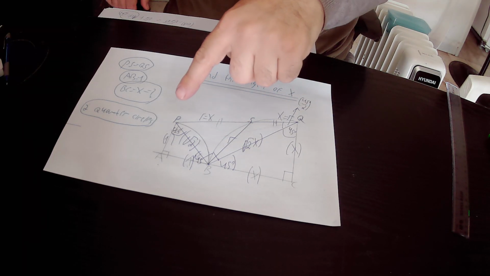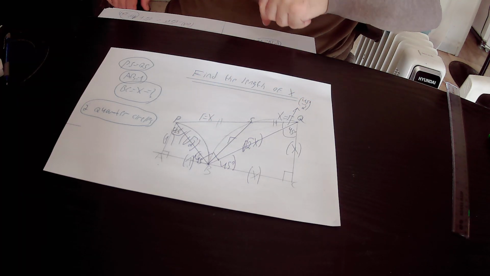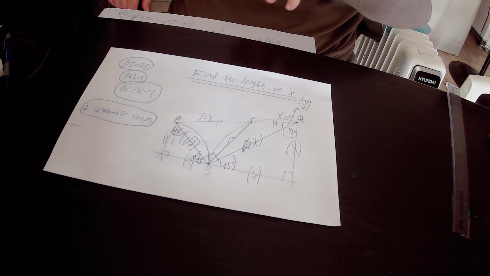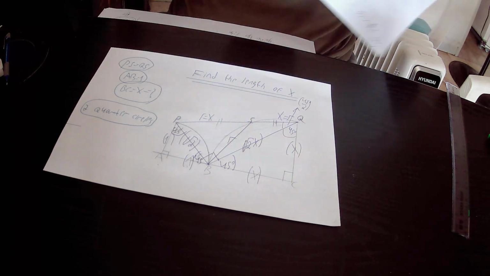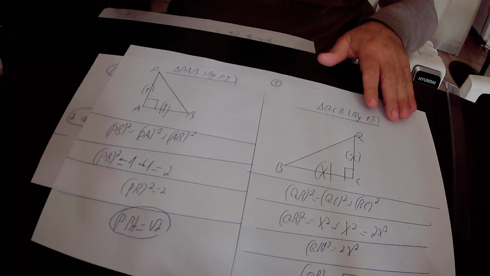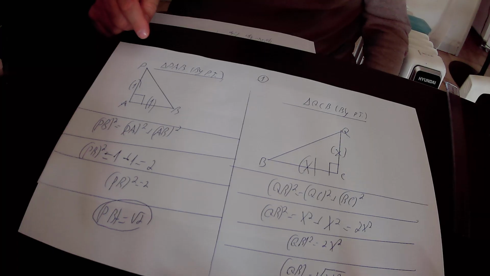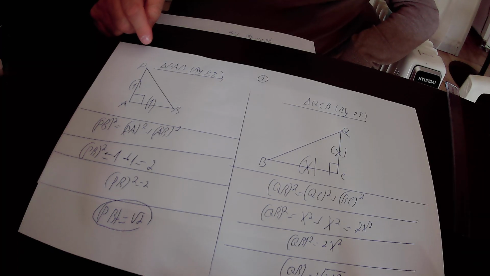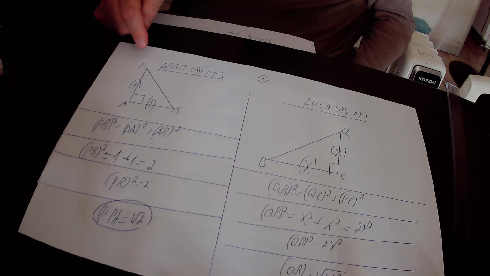So here we created the right triangle PAB. I copied the right triangle PAB to a new page and applied the Pythagoras theorem in this right triangle PAB. This is the right triangle PAB that I copied from the original drawing. According to the Pythagoras theorem, PB squared equals PA squared plus AB squared. So PB squared, that is the square of the hypotenuse, equals PA squared.